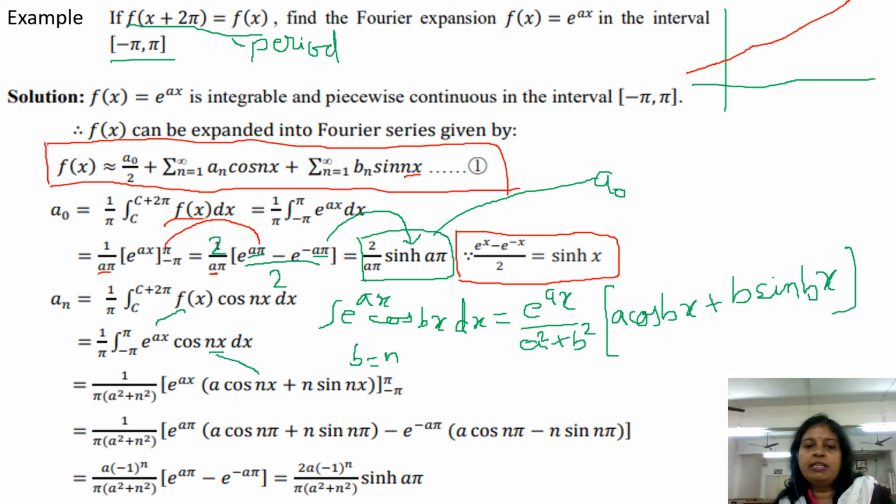Always remember this. And second term, since cos plus sign will come, if this formula is for sine, here minus sign will come, plus n sin nx, and then minus pi to pi. As I told you, sin n pi is always 0. Therefore, this term, when putting the upper limit and lower limit, you can cancel it here itself, because sin pi is also 0 and sin n pi is also 0.